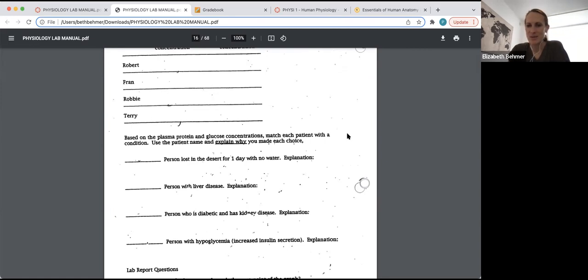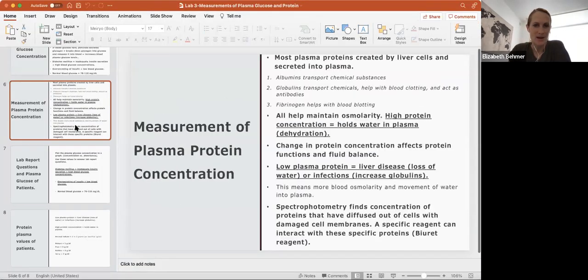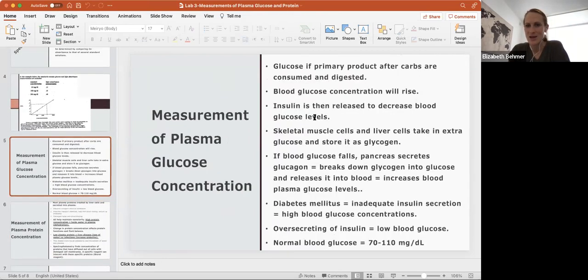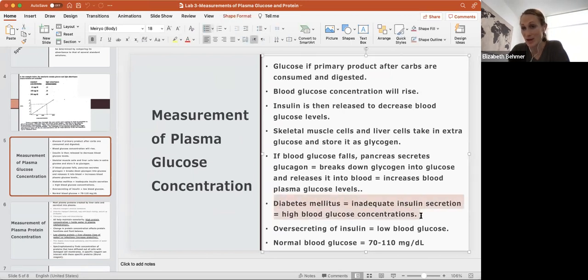For example, if you work through and read the PowerPoint, we have the different plasma glucose levels: diabetes mellitus would be high glucose concentration, and oversecretion of insulin would be a low glucose concentration. And I give you normal blood glucose concentration levels, so any of those patients that falls out of that range, you can use that.